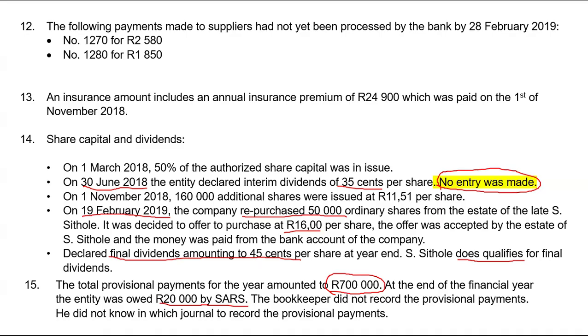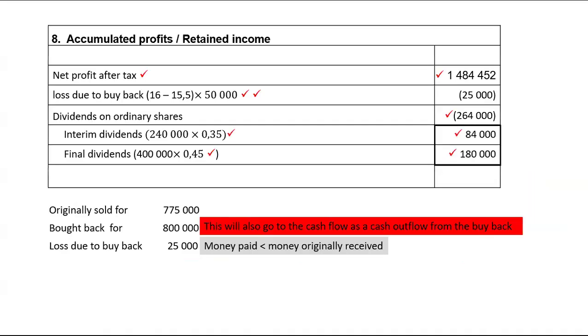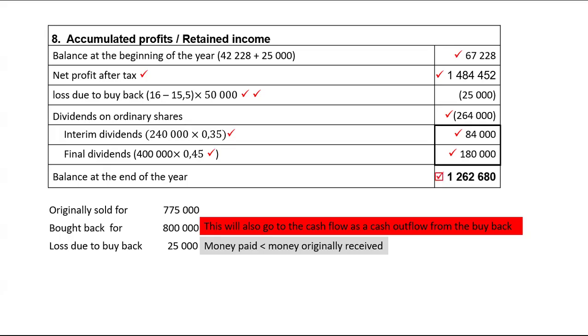I'm simply going to add the loss, which was 25,000 Rand, to get the balance at the beginning of the year, and then work my way down to get the balance at the end of the year. Taking that 67,228, add your profit after tax minus your loss due to buyback minus your dividends on ordinary shares, it'll give you the balance at the end of the year, which will be 1,262,680.